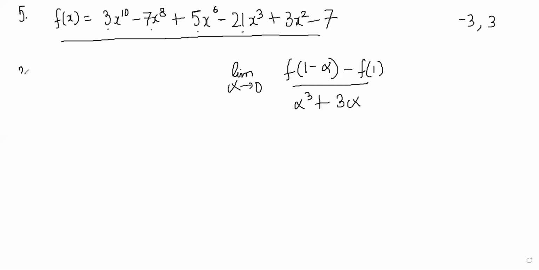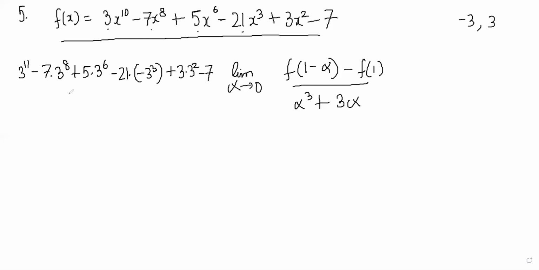So it is 3 power 11, minus 7 into 3 power 8, plus 5 into 3 power 6, minus 21 into minus 3 power 3, plus 3 into 3 square minus 7.